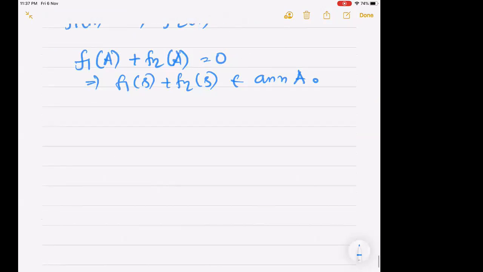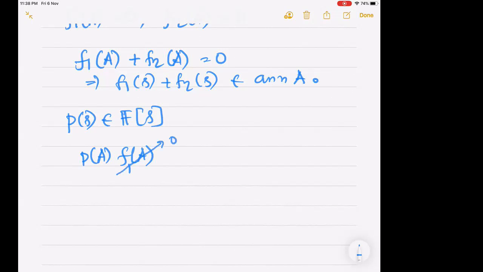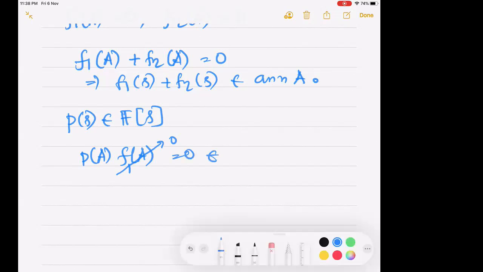Let p(s) be any arbitrary polynomial. Then p(A) times f1(A), where f1 is an annihilator, so f1(A) is 0, so this whole thing must be 0. Pretty trivial stuff, huh?